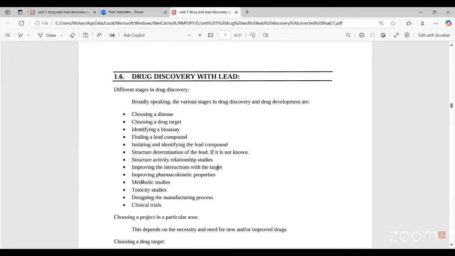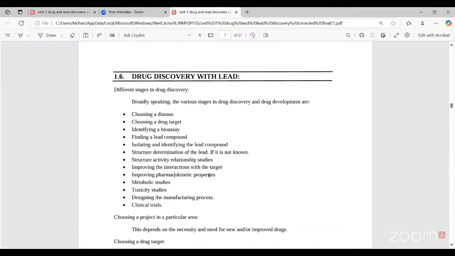Then improving the pharmacokinetic properties. In drug chemistry, we have two broad classes: pharmacokinetic studies and pharmacodynamic studies.